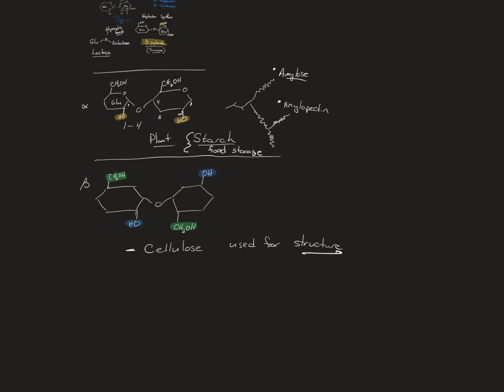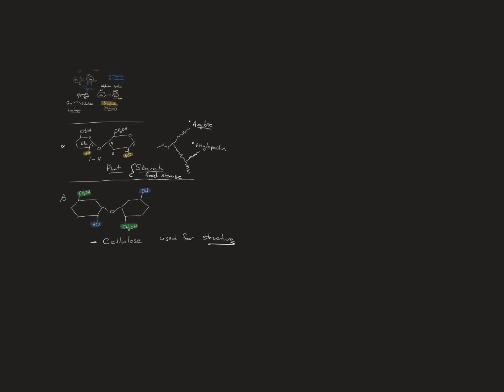Now, humans can connect sugars like glucose into polymers as well. Humans, though, don't do a 1,4 linkage. They don't go 1,4 the way you see here with starch. Humans use a 1,6 linkage.